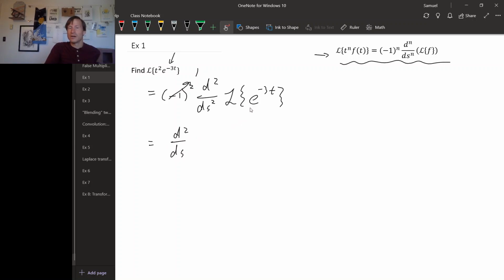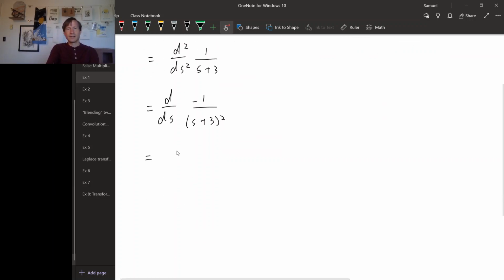Laplace transform of e to the minus 3t is 1 over s plus 3. And so now we just need to take two derivatives here. First derivative is going to be what? Minus 1 over s plus 3 squared. And then one more derivative is going to give us, let's see, plus 2 over s plus 3 cubed.